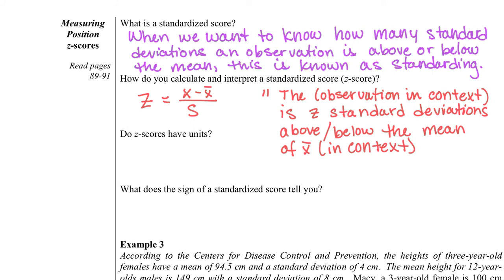I'm going to speed things up here a little bit. What is a standardized score? When we want to know how many standard deviations an observation is above or below the mean, this is known as standardizing. We've talked about percentiles, which divide our area up into basically 100 units of percentages.